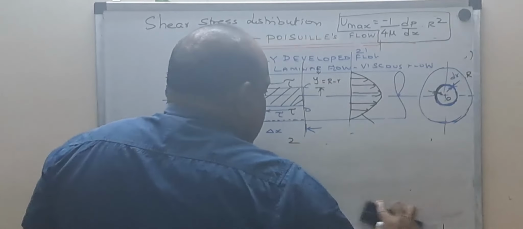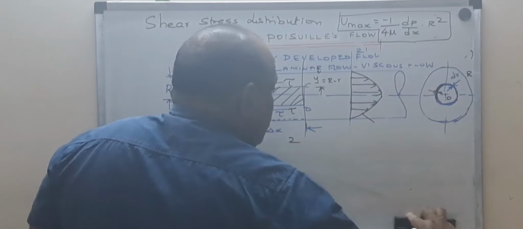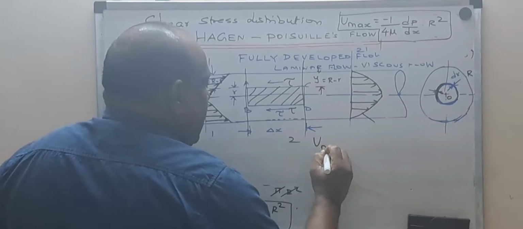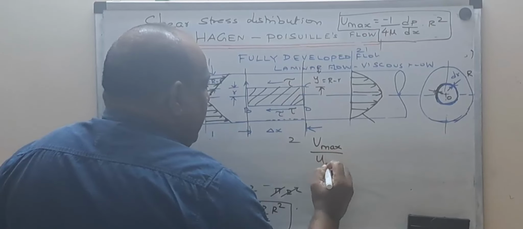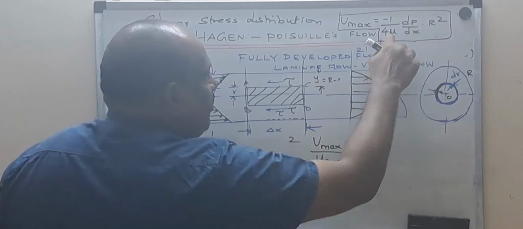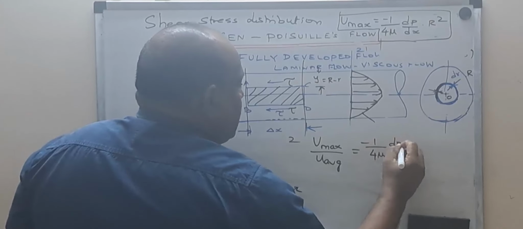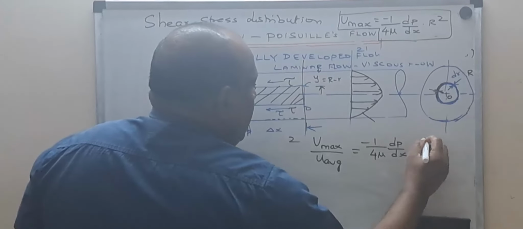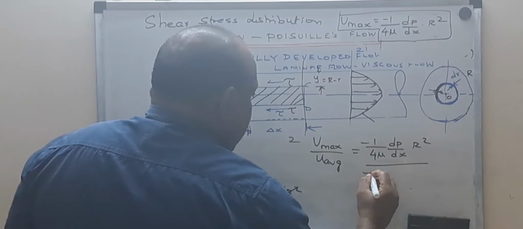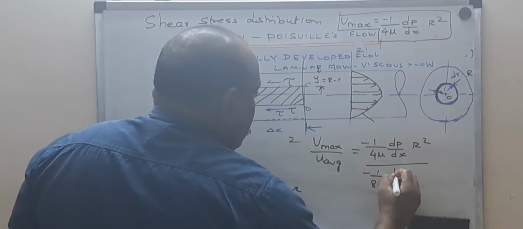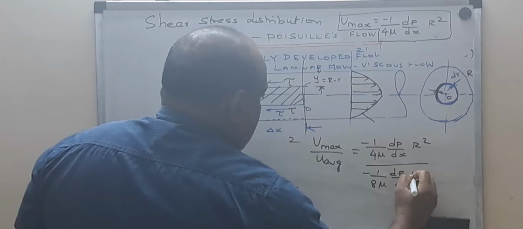Now our aim is to find u maximum by u average. u maximum I am taking from here, minus 1 by 4 mu dp by dx into r squared, and u average is minus 1 by 8 mu into dp by dx into r squared.